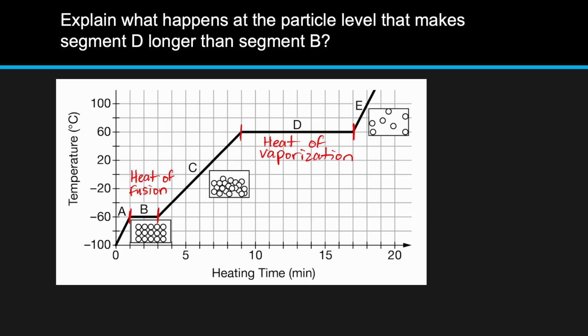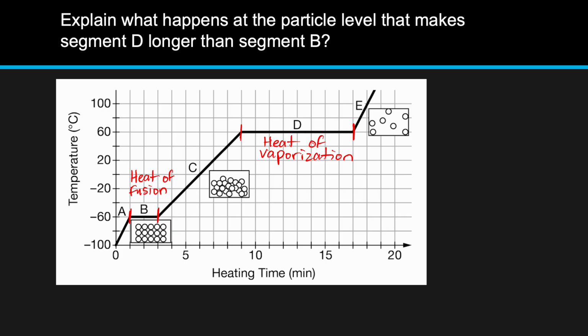Now, this should make sense to you after our discussions about water. We know in liquid water, there are a lot of particles really close together, and there is a lot of hydrogen bonding going on. So it makes sense for D to take a lot longer period of time to actually convert it into a gas because there are so many hydrogen bonds that it has to overcome to become a gas.